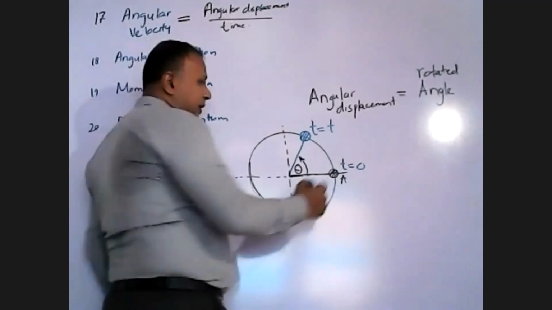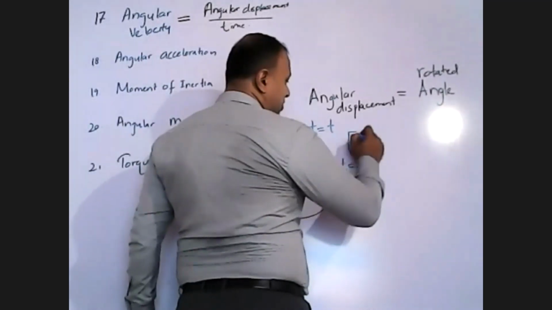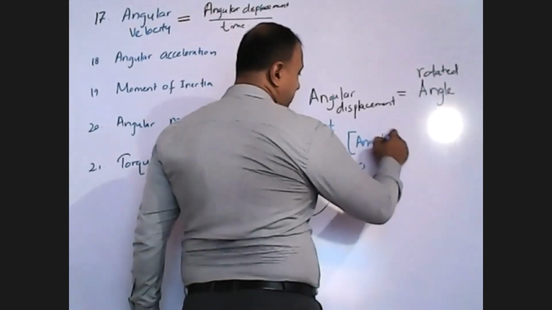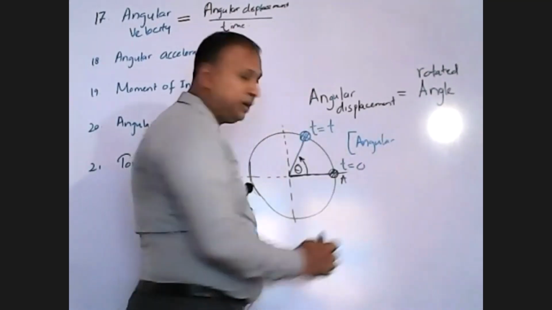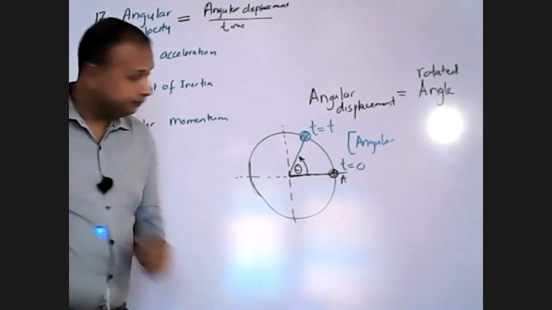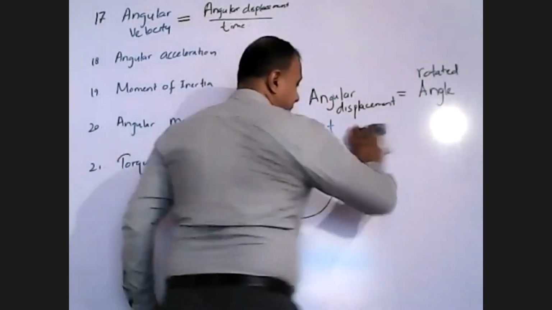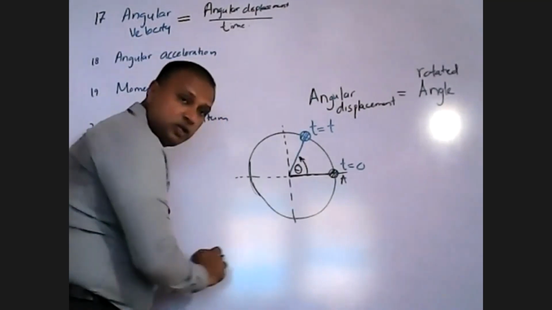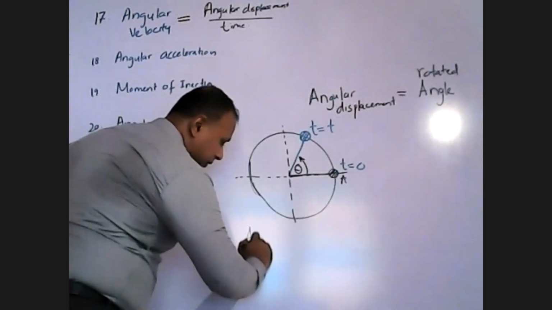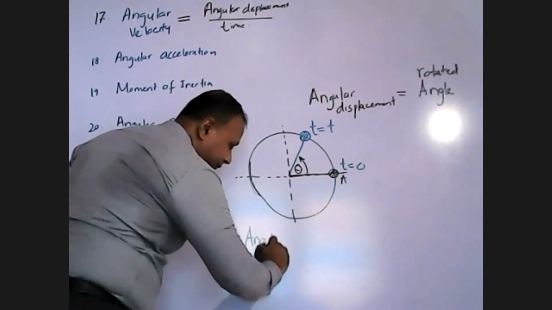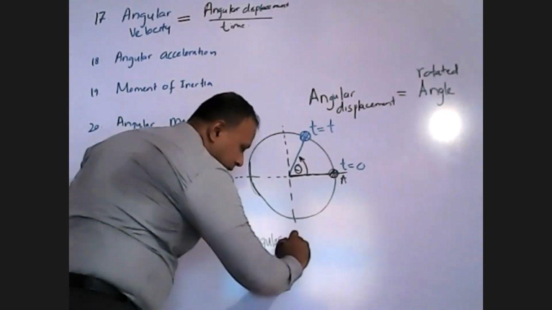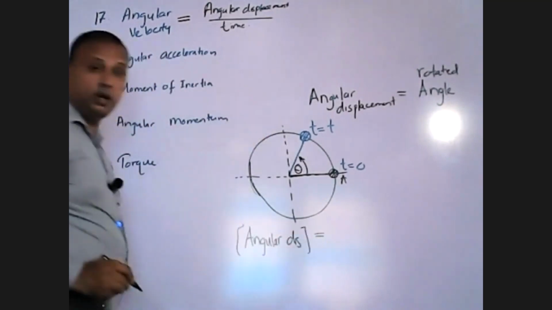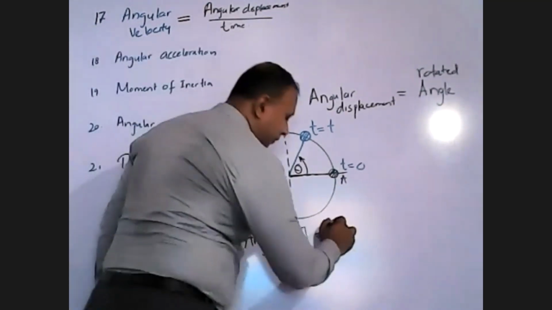So the dimension of angular displacement. Dimension of angular displacement is equal to the dimension of rotated angle.